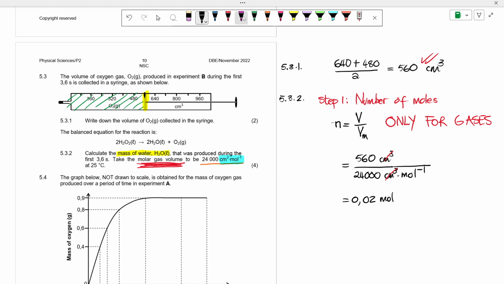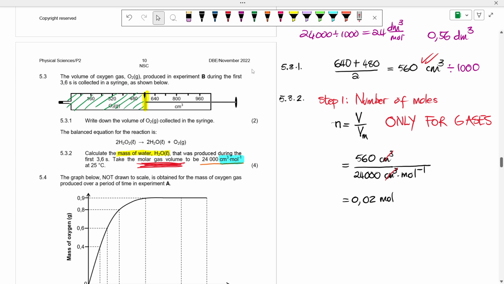But what I'll advise you, to avoid mistakes, just convert everything to decimeter cubed, and you just need to divide everything by 1,000. Divide that one by 1,000, you get 0.56 decimeter cubed. Divide the 24,000 that they gave you by 1,000, and you're going to get 24 decimeter cubed per mole.